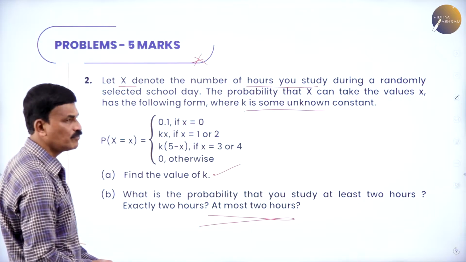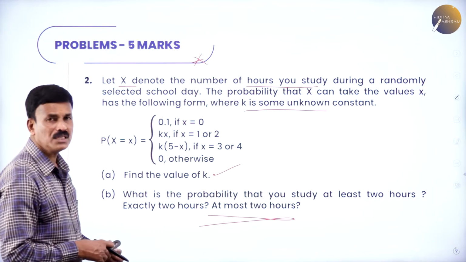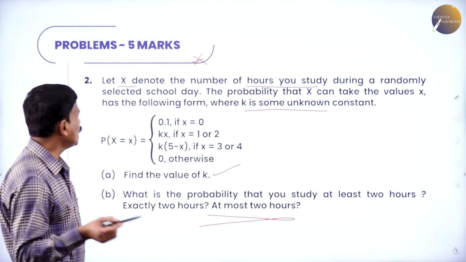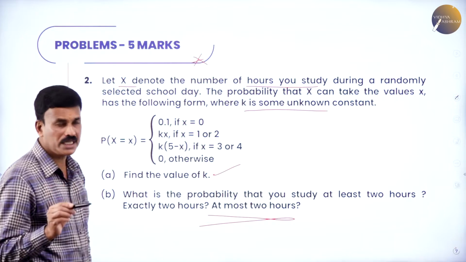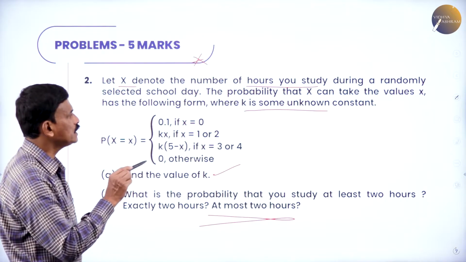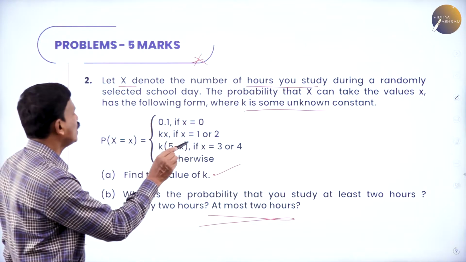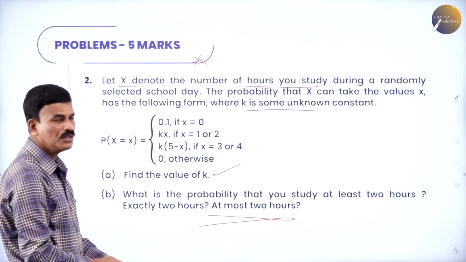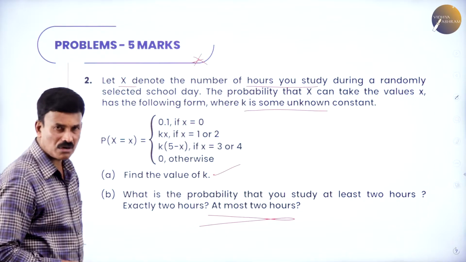This is a very important problem. What is the problem given? Let x denote the number of hours you study during a randomly selected school day. The probability that x can take the values x has the following form, where k is some unknown constant.